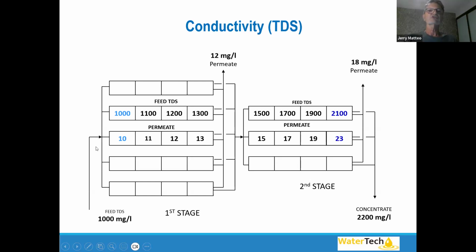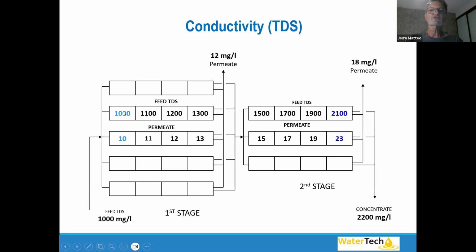Okay, so remember I mentioned that only our first membrane, well, they're showing 2 things here. On the top set of numbers, back here on the left, they're showing my conductivity. They're using milligrams per liter. My conductivity flowing through my membranes. The numbers below there are the conductivity again, but it's my permeate conductivity that's coming out of the membrane.